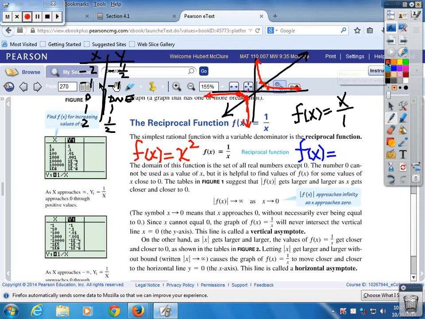Y'all got to think. Whatever, 1 over what? x squared.